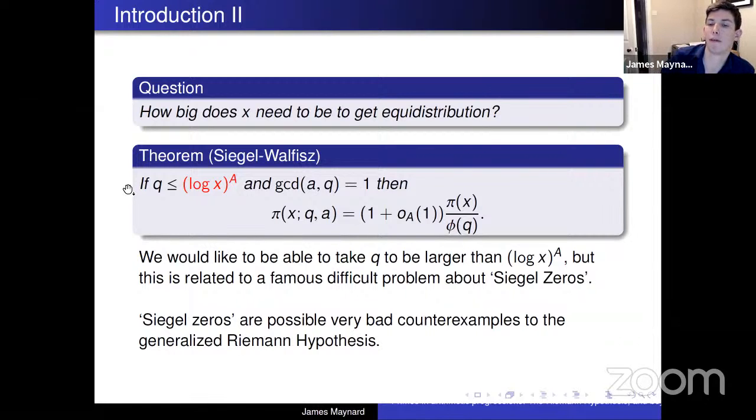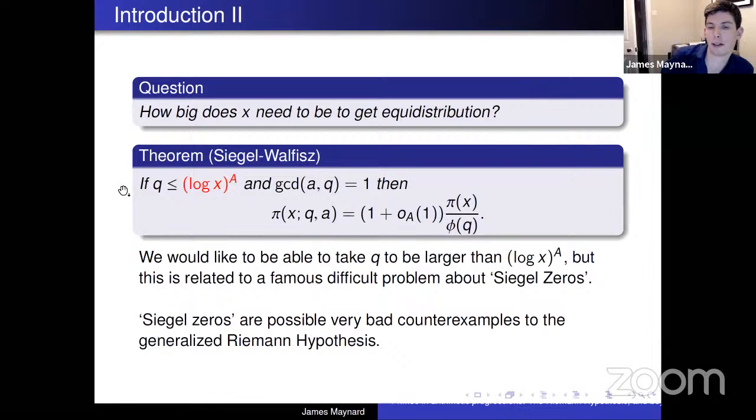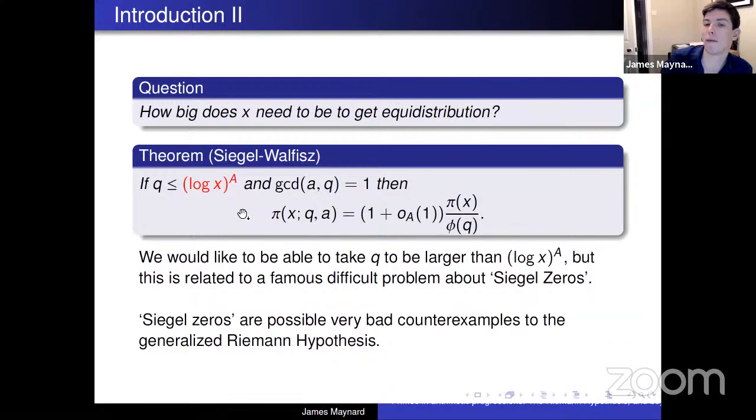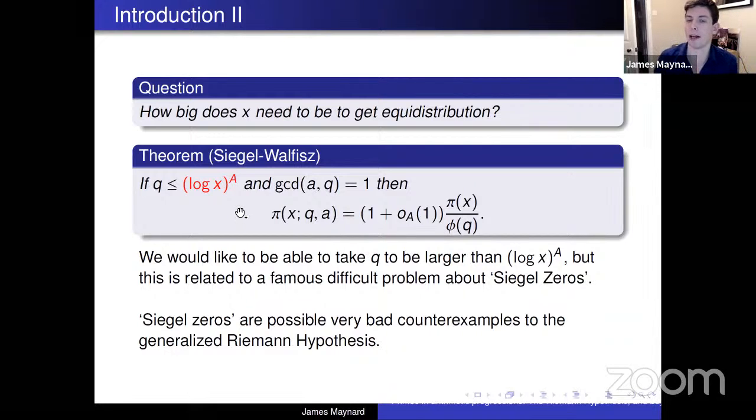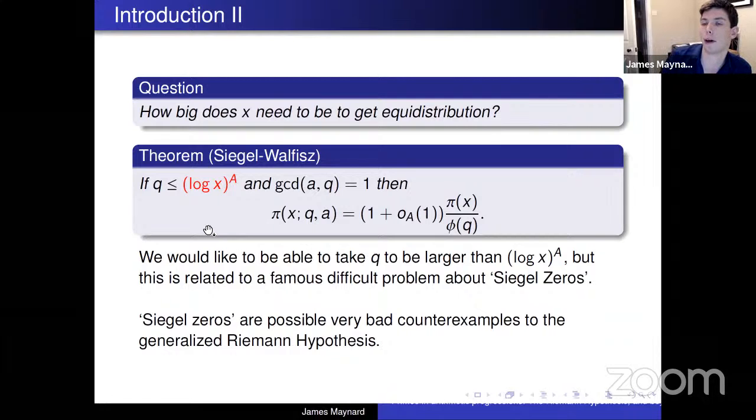But if these very bad counterexamples to the Riemann hypothesis did exist, then it would be the case that the primes are not evenly distributed when q gets a bit larger than log x to some fixed power. And so you'd really need to understand this difficult question related to the Riemann hypothesis and make some big progress towards the Riemann hypothesis if you were going to improve on the Siegel-Walfisz theorem.